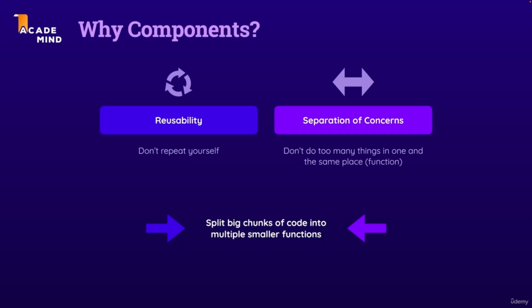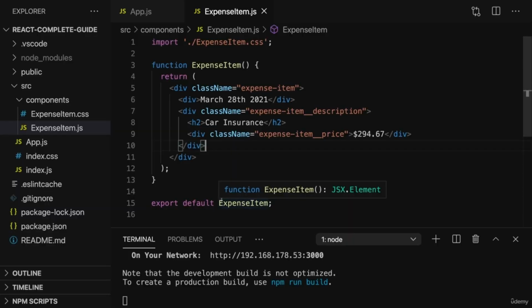It's not just the separation of concerns, it's also the reusability. We want to define a component and its HTML code once, and then we want to be able to reuse it. And at the moment, we're not able to do that. Therefore, that will be the next problem we'll work on.